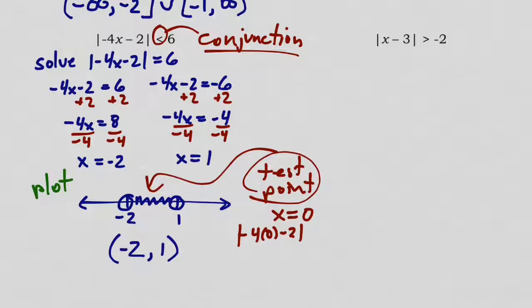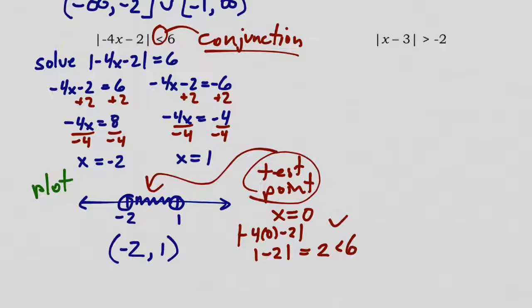If we evaluate that, we get the absolute value of -2, which equals +2, and that's in fact less than 6. So it's a true statement for 0, which means that it's going to be a true statement for every value that is in the same interval as 0, so for any value between -2 and 1.